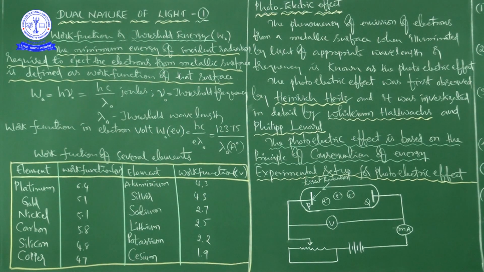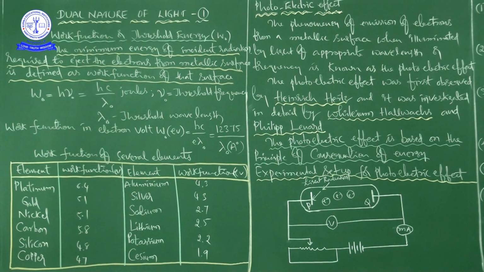So what about that energy? If that energy is very small, or if that energy is high, a large amount, so what happens? The point is that we have different metals.